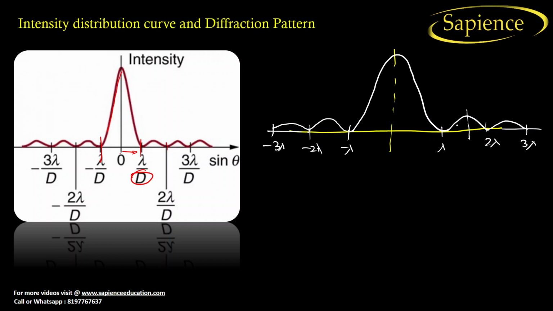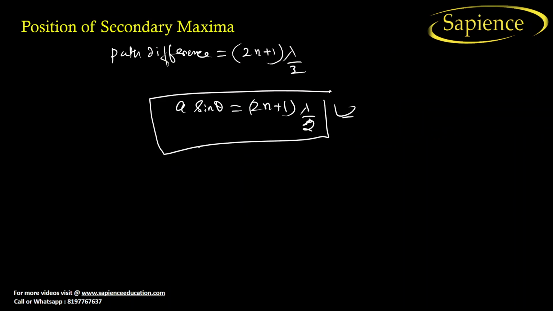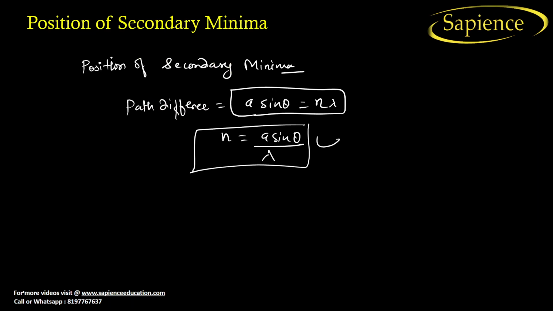Now you are thinking where we are getting the maxima points. We will get maxima when the path difference is 2n plus 1. Let us suppose we want to find the first maxima, so n is equal to 1. So this will be 3 by 2 lambda. Got it or not? So this is maxima, and minima means n lambda, so n is equal to 1.